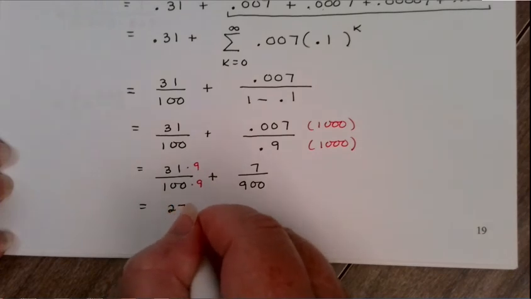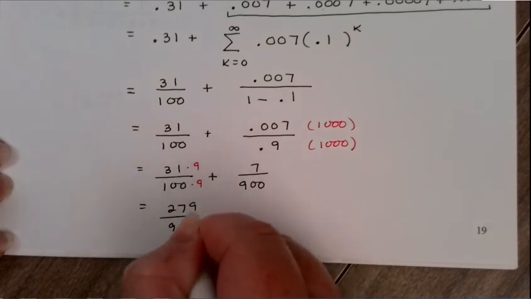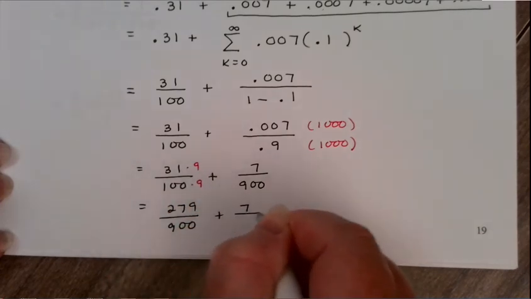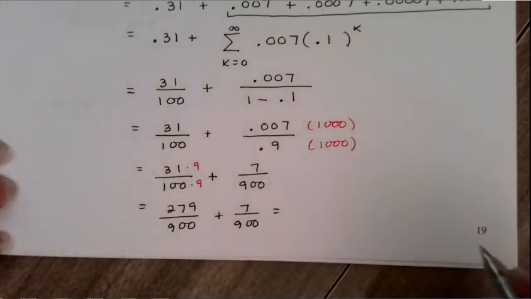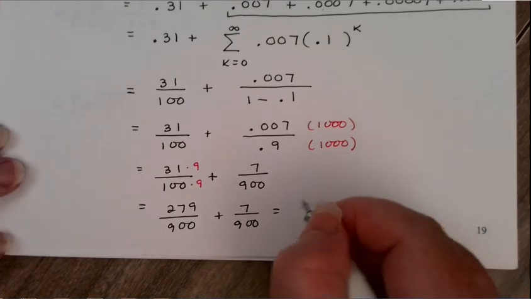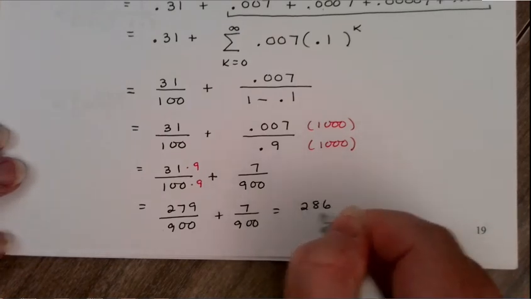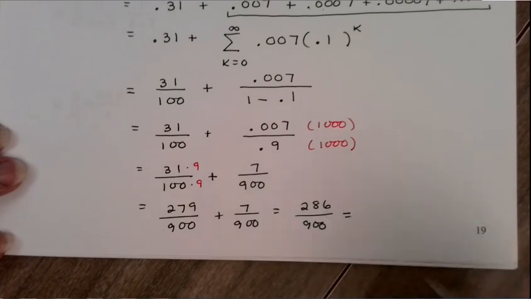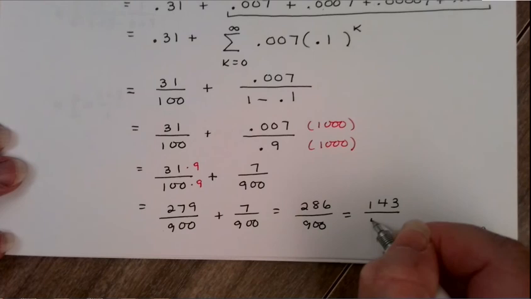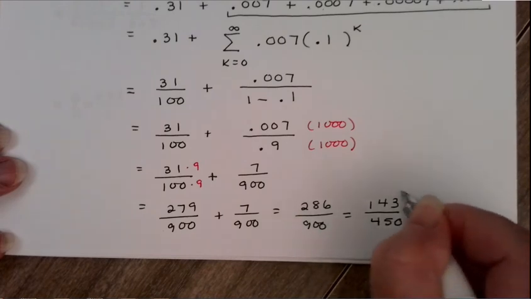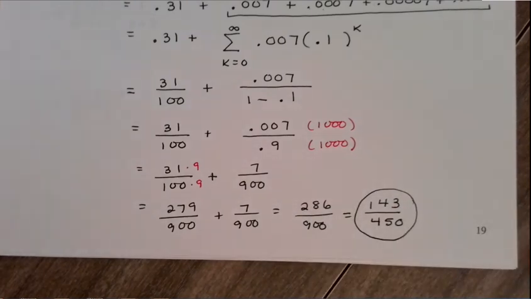So 279 over 900 plus 7 over 900 is 286 over 900. And I could divide those by 2, so 143 over 450 would be my lowest terms fraction.